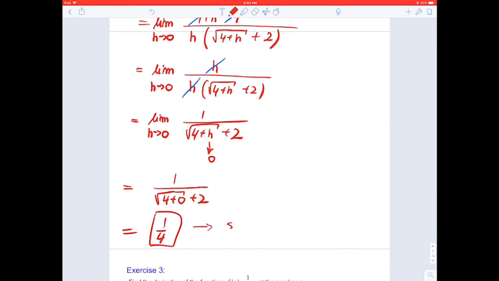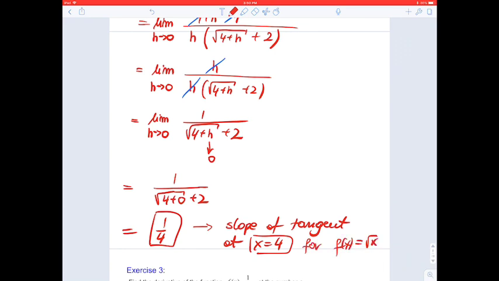And of course, this means slope of tangent. Tangent at 4. For the function, slope of the tangent at 4 for root x. I can draw this just to show you graphically. Okay.